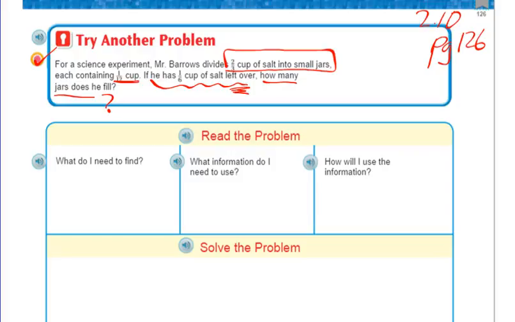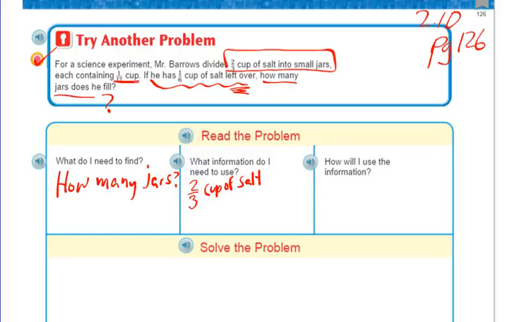So we're going to start by identifying what I need to find. And I need to find how many jars. Okay, so that's the goal for the word problem here. What information do I need to use? Well, he has a total of 2/3 cup of salt, so write that in there, please.